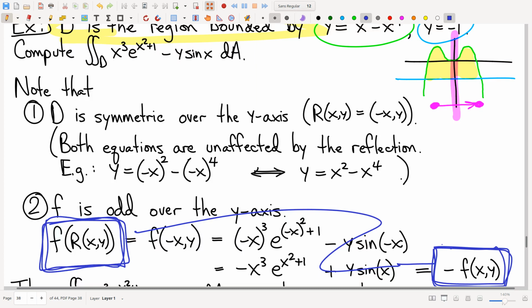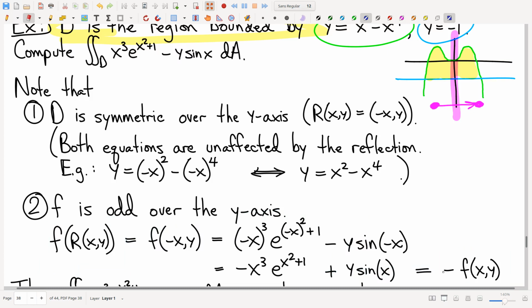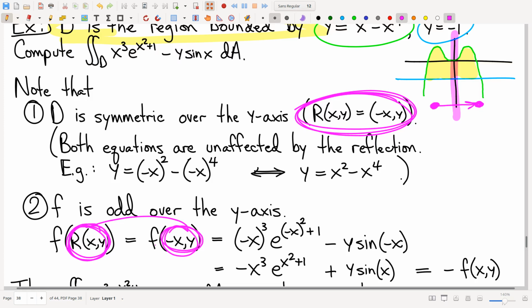So the easy way to do this is to just literally do it. Again, we have this formula for our reflection. Reflection of (x, y) is (negative x, y). Now, what would it mean to plug in this reflection into my original function? Well, notice where I would have normally plugged in an x, I'm plugging in a negative x.